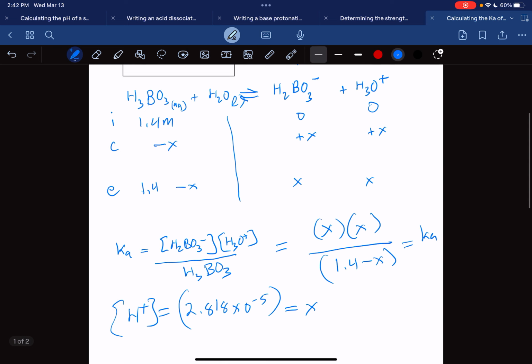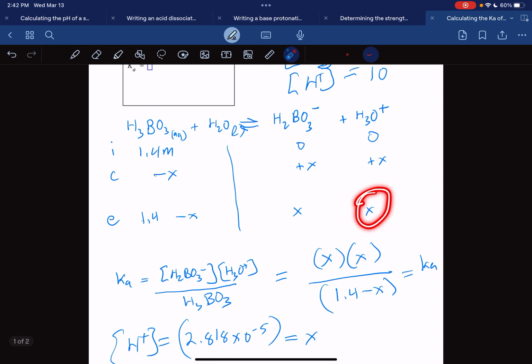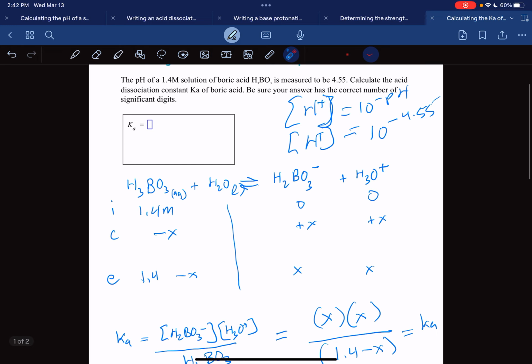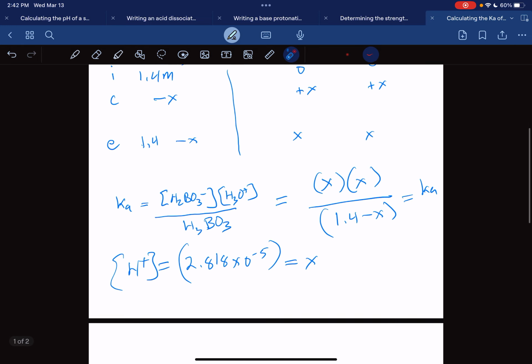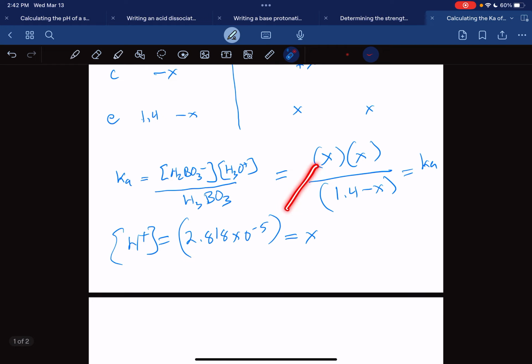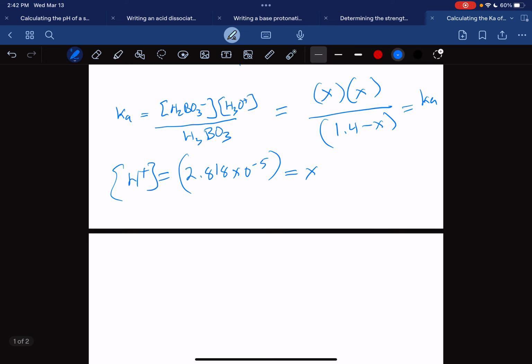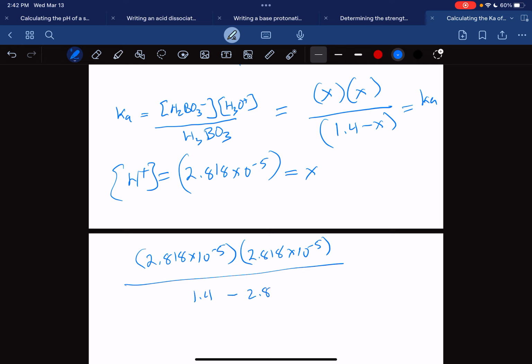So since we know at equilibrium that this is my H3O plus concentration, once we were able to solve for H plus from our pH, we can then plug in this value in all three of these spaces right here. So I'm going to go ahead and do that for you because I can, but wouldn't that be 2.818 times 10 to the negative 5 times 2.818 times 10 to the negative 5 on the top, all over 1.4 subtract 2.818 times 10 to the negative 5, and that's going to be equal to my Ka.